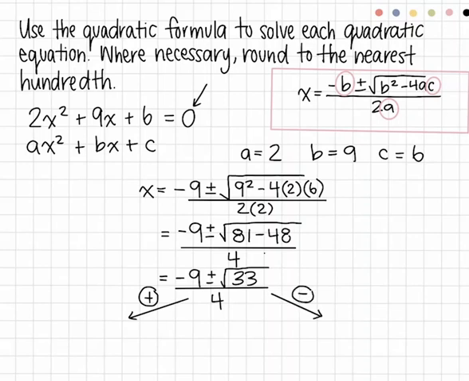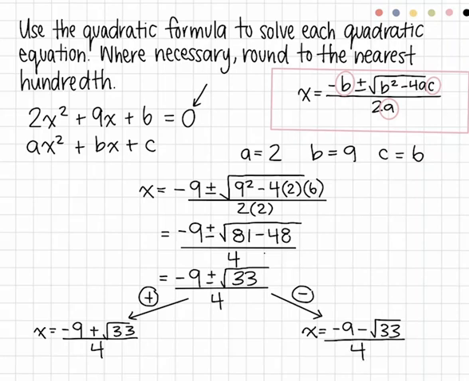So I'm going to write this over here. x equals negative 9 plus the square root of 33 divided by 4. And over here, x equals negative 9 minus the square root of 33 divided by 4.